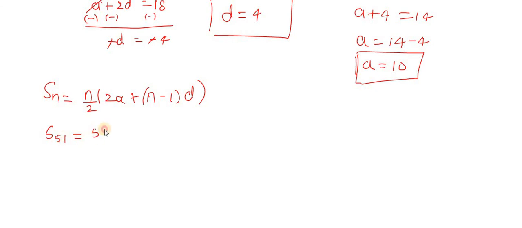So here 51 by 2 into 2 into the a value, which is 10, plus 51 minus 1 into the d value, which is 4.